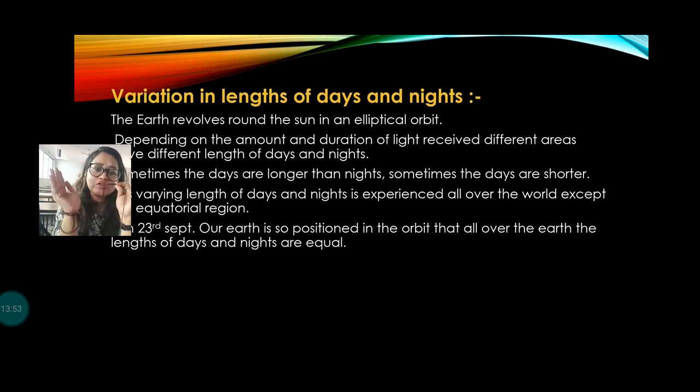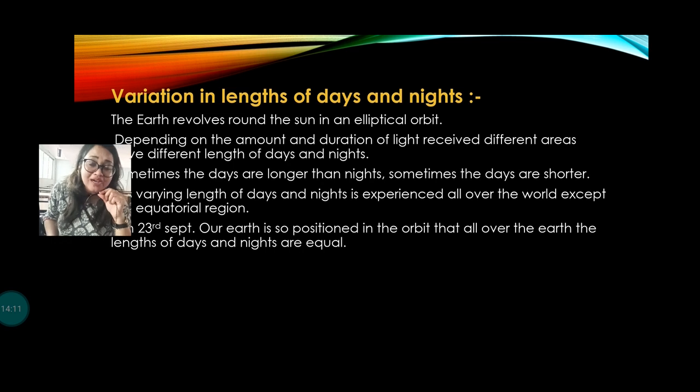Sometimes the days are longer than the nights, sometimes the nights are longer than the days. This variation is experienced all over the world except the equatorial regions. Equatorial regions always have the same amount of day and night.